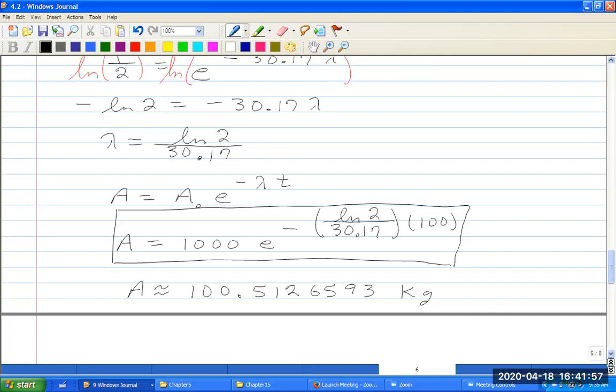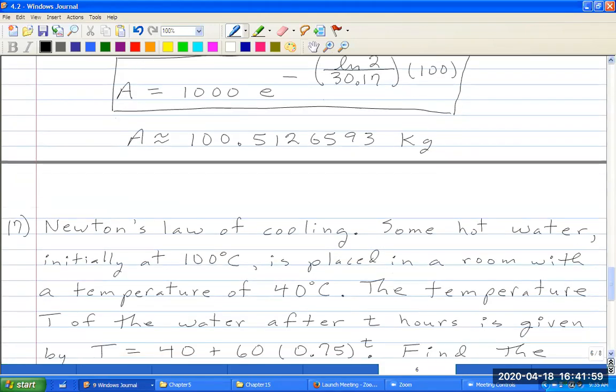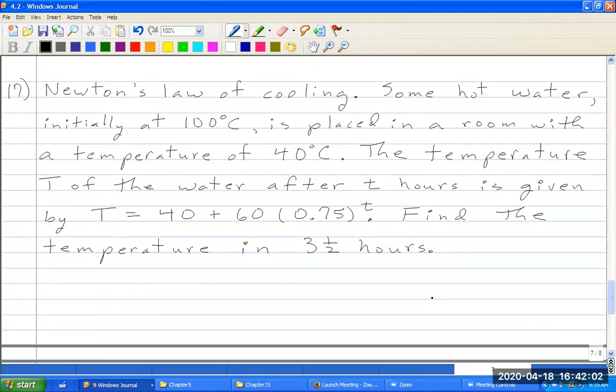Okay. Let's do problem number 17. Newton's law of cooling.